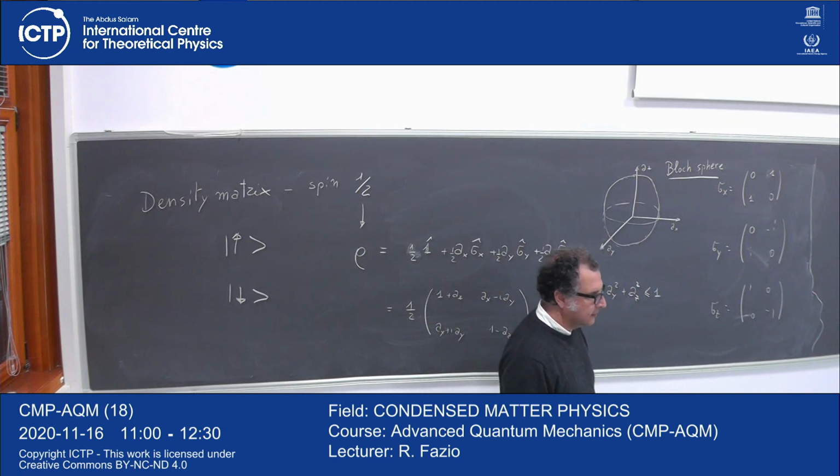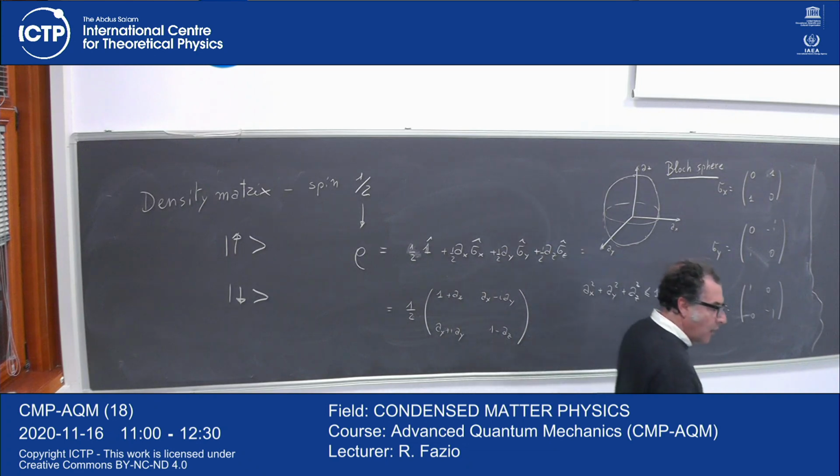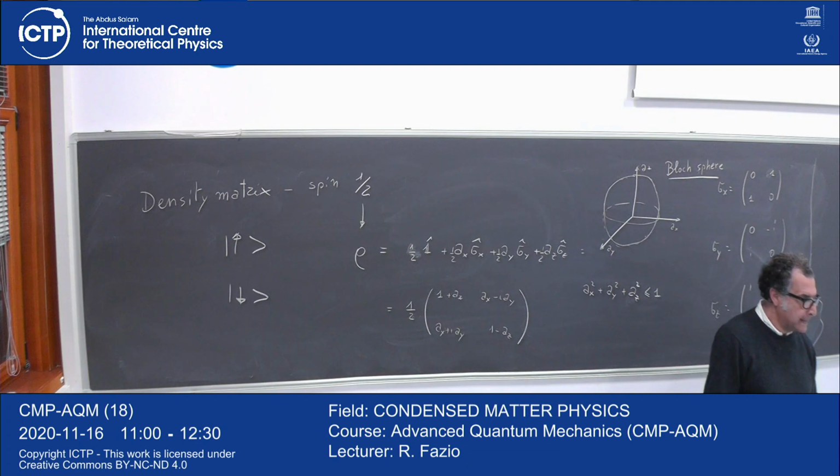Can I take you back for a minute? To the part where you said there are infinite ways to prepare the same density matrix. You gave us these two superposition states, A and B, with alpha and beta.